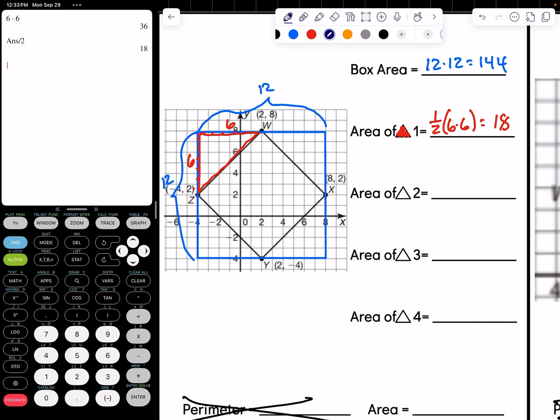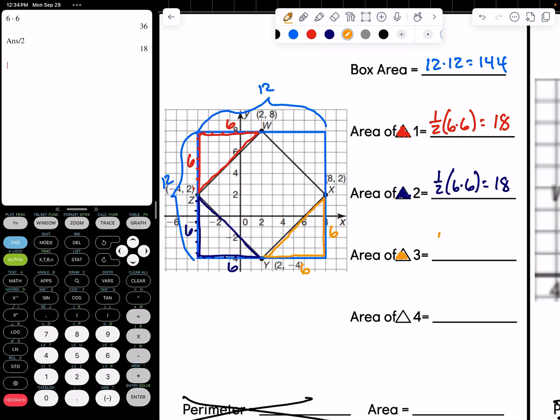And we're going to work our way around. Now this one is a little bit easy because we have a square, and so all of our sides are going to be 6. No matter what triangle we have, we're going to end up with the same thing: 6 times 6 divided by 2.